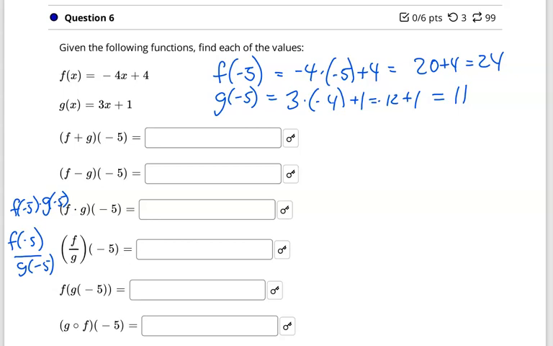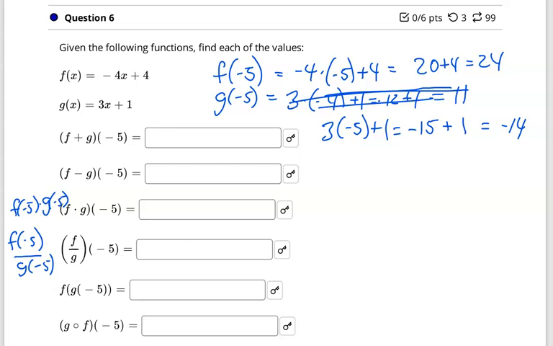And look at that, I messed up. It's not negative 4. It's 3 times negative 5 plus 1 equals negative 15 plus 1 equals negative 14. See how easy you can mess up? 3 times negative 5 plus 1.